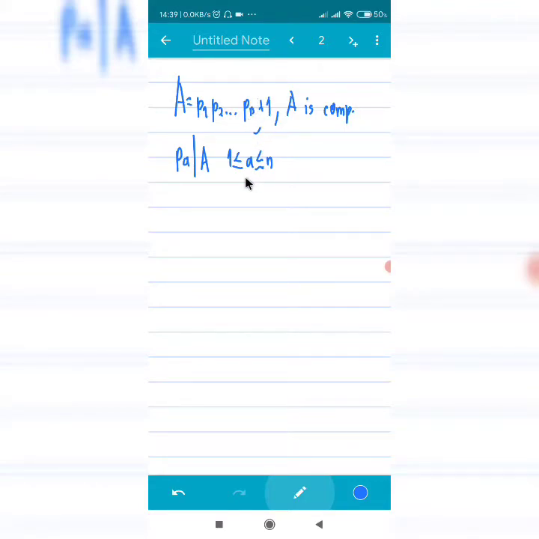And without loss of generality, we can assume that P1 divides A.